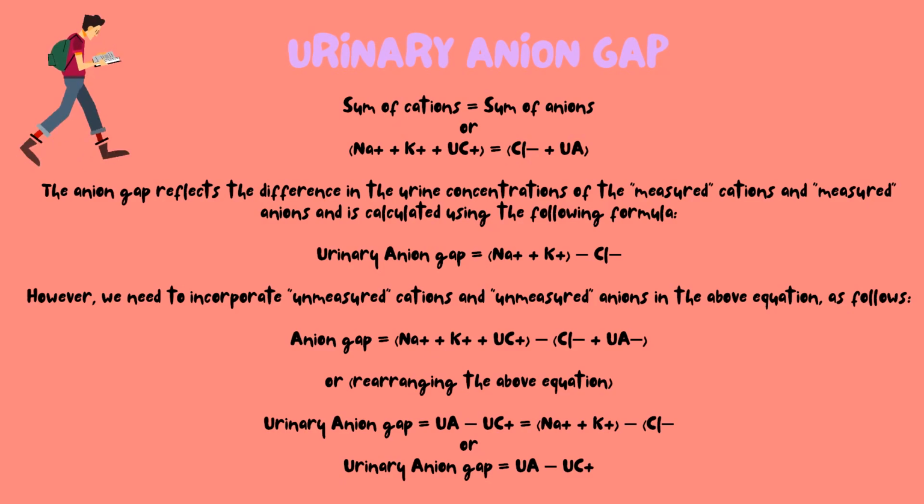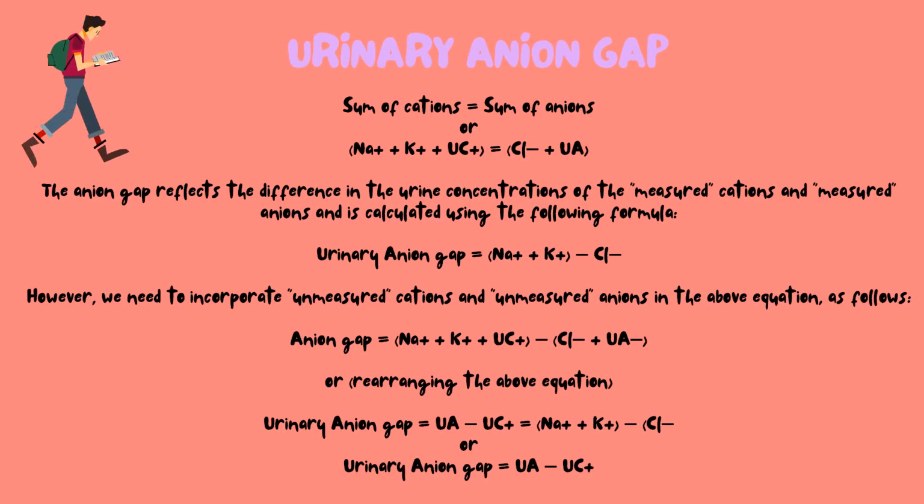So the difference between the sum total of the measured cations, sodium plus potassium, and chloride will give the urinary anion gap. So sum of cations being equal to sum of anions, we have the formula: sodium plus potassium plus unmeasured cations equals chloride plus unmeasured anions.